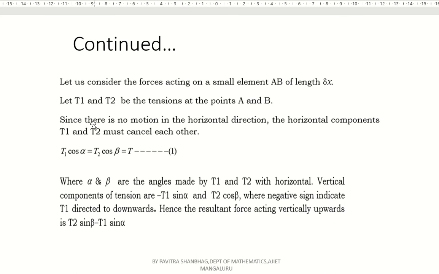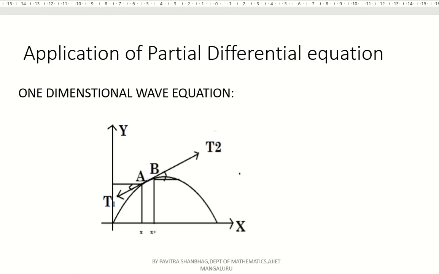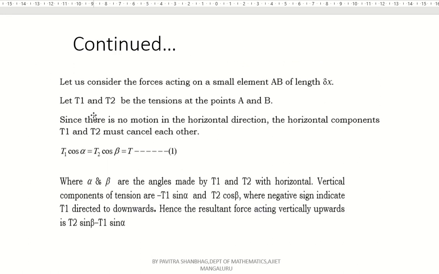So how can you write it? Here this is the point A, this is the point B, tension T1 and tension T2. Since the string moves in a transverse direction, its horizontal components cancel each other. So how can you write it in terms of an expression?